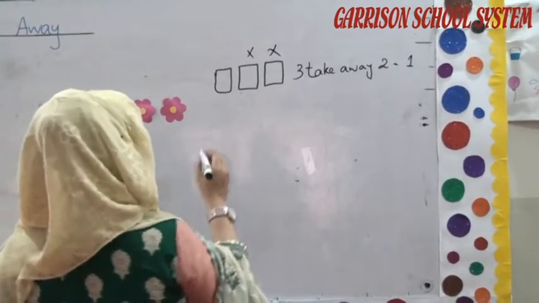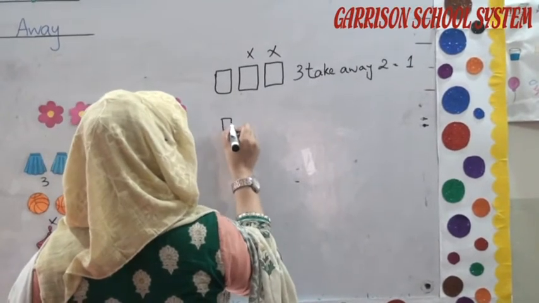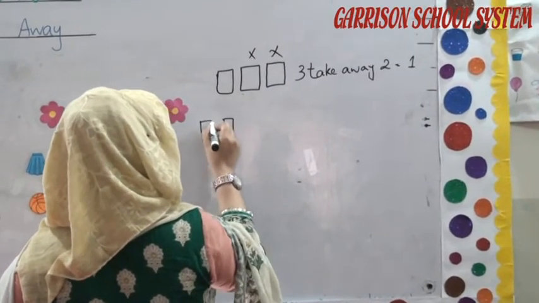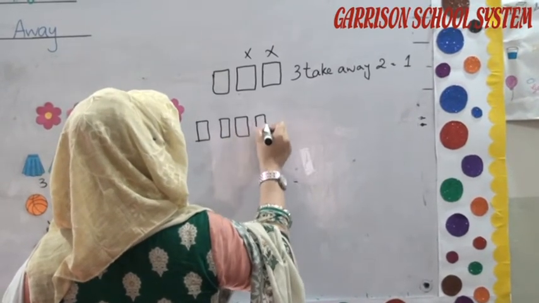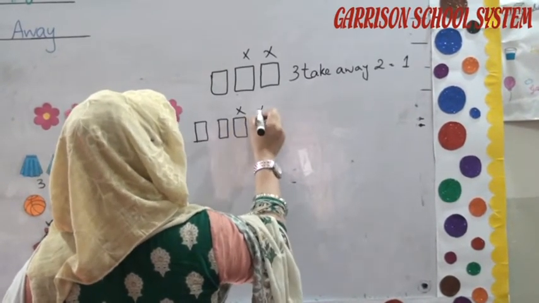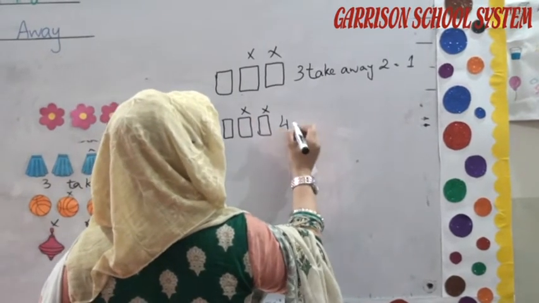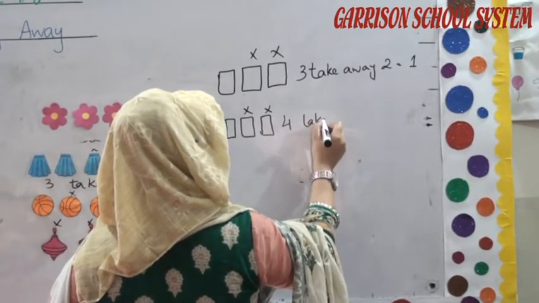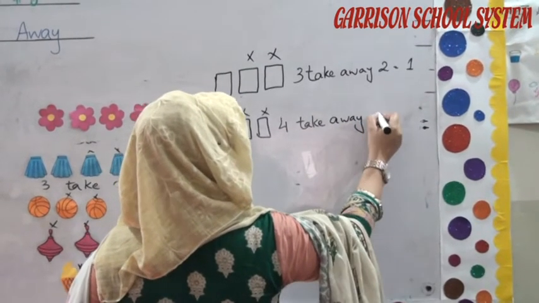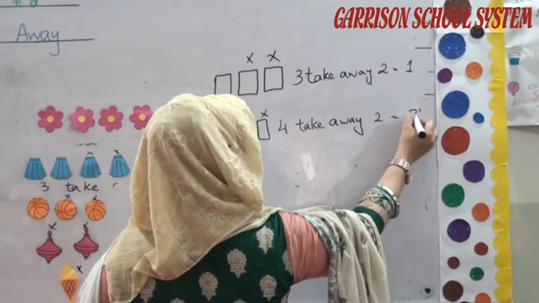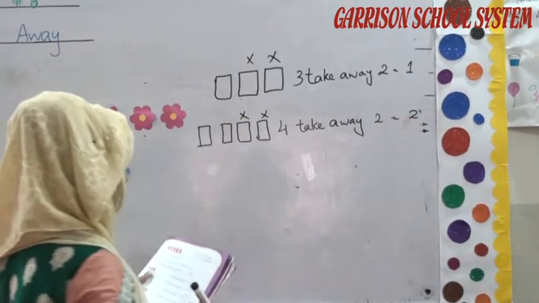And if we have 4 boxes, you cross 2 and take away 2. How much are we left with? You will be left with 2.